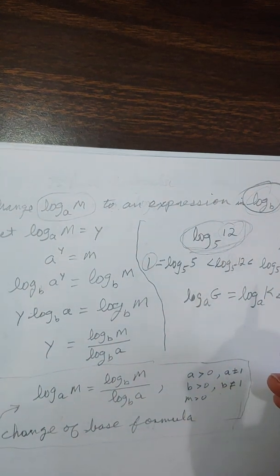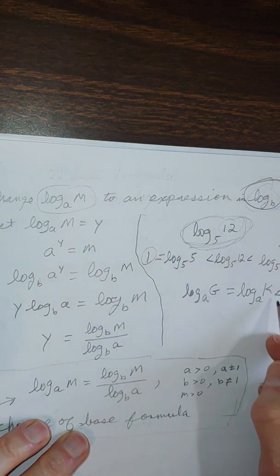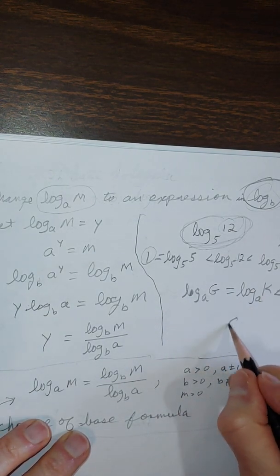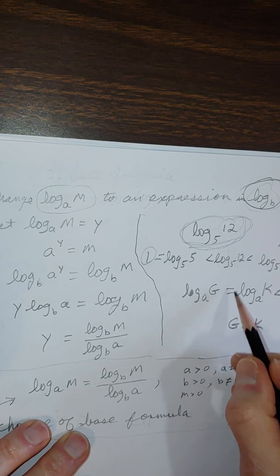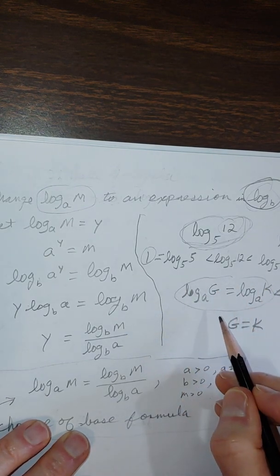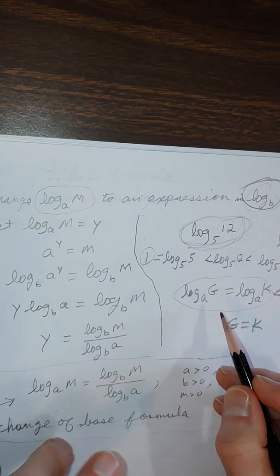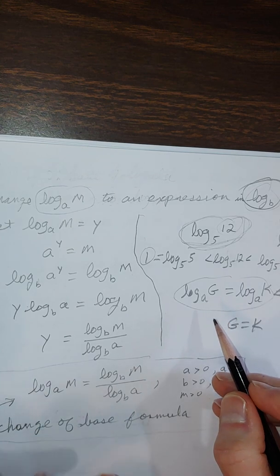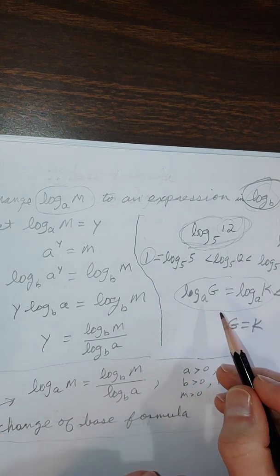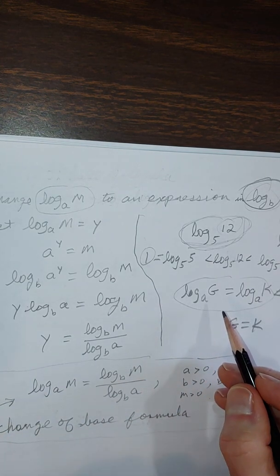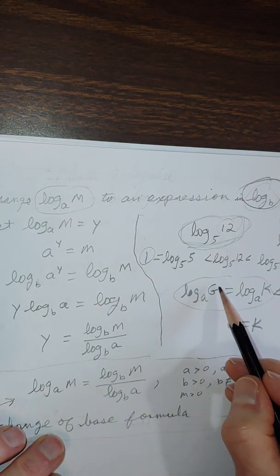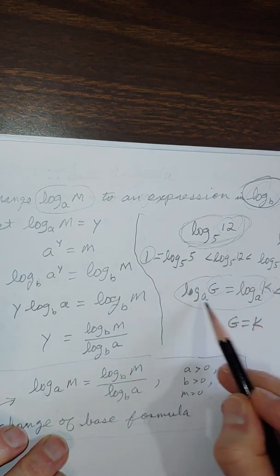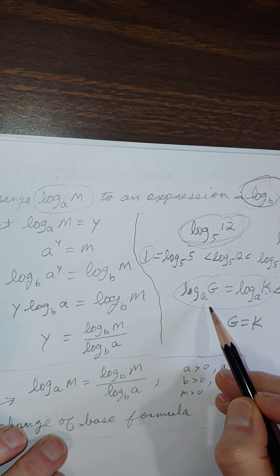But as long as everything's okay, this means that g has to equal k, because remember, logs are one-to-one functions. For every x, there's one y. For every y, there's one x. For every domain value, there's one range value. For every range value, there's one domain value. So if these two are equal, I must have plugged in the same thing.